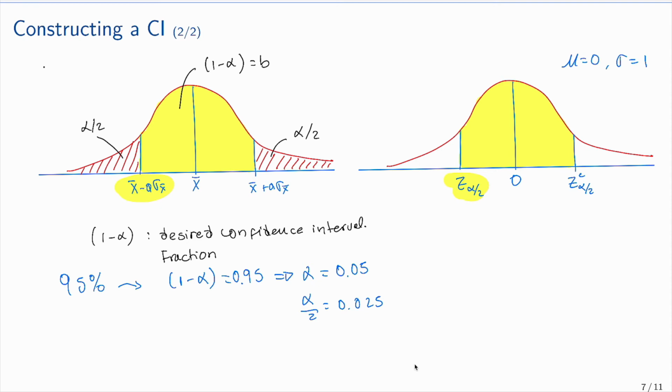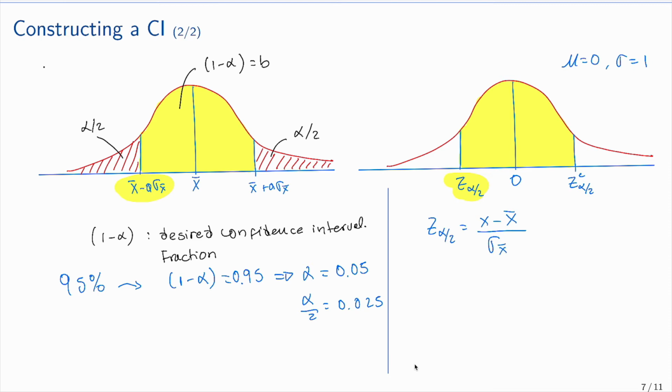So the definition of z of alpha over 2 is equal to x minus x bar divided by sigma of x bar.